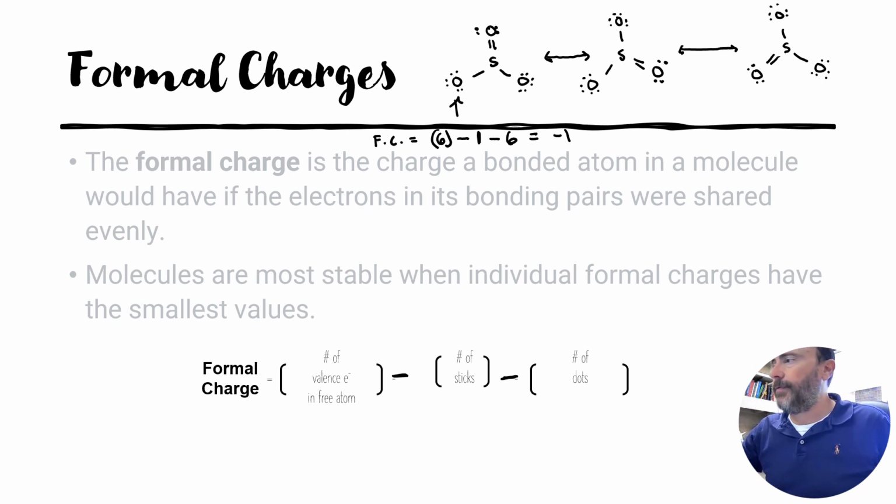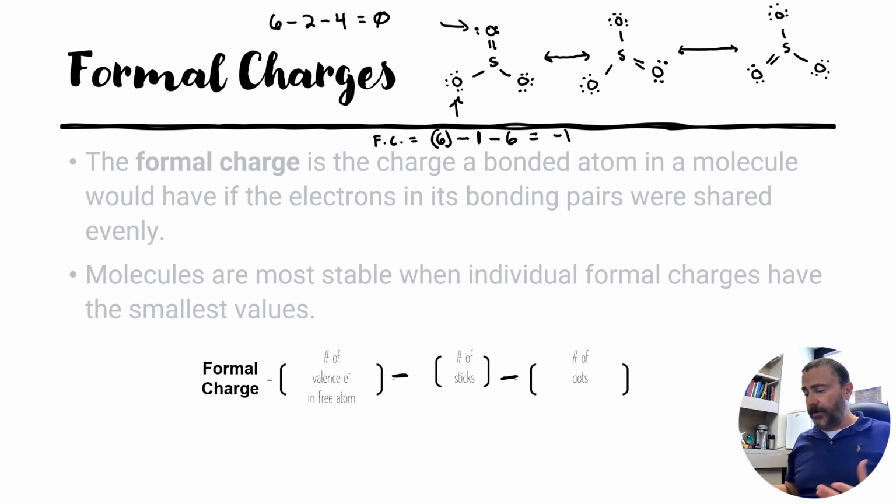Now, if we were to do the same thing for, say, the top oxygen, okay, well, oxygen has 6 valence electrons. The number of sticks around that one is 2, because there's a double bond. Minus the number of dots, there are 4 dots around that. It has a formal charge of 0. All right, now overall, we can sum up all of these things.